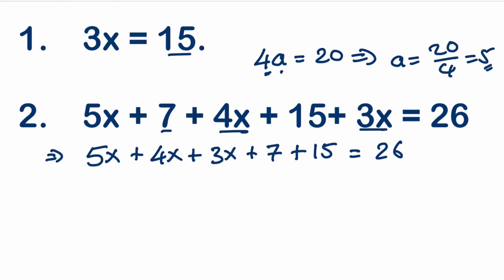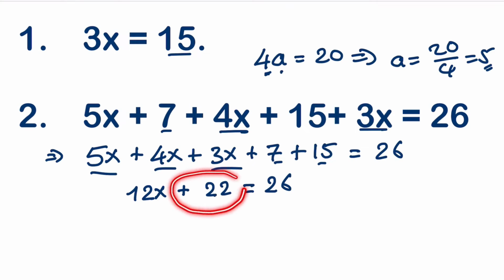So we only add like terms together. We are going to have 5 plus 4 is 9, 9 plus 3 is 12, so this will give us 12x. Plus, if we add this together, we have 22 should be equal to 26. Remember again, we have to bring like terms together.